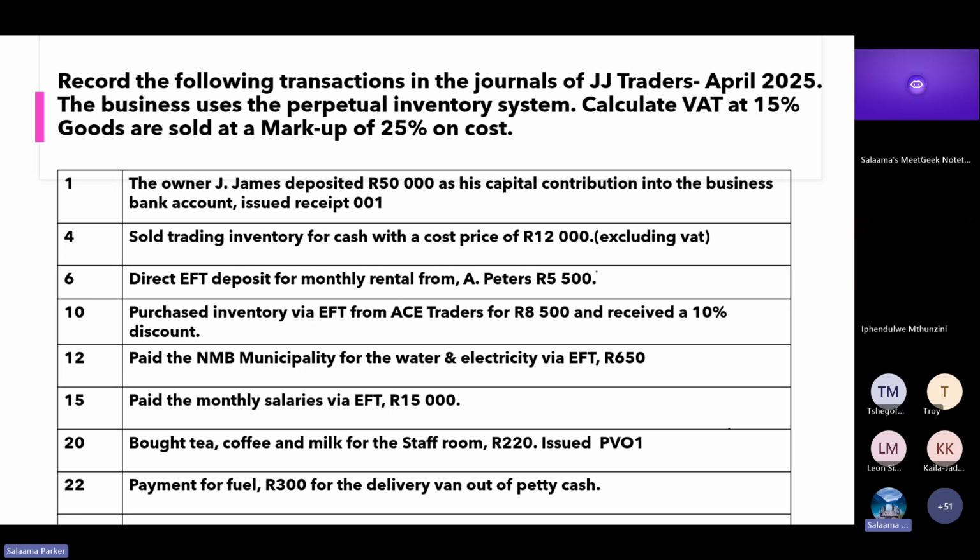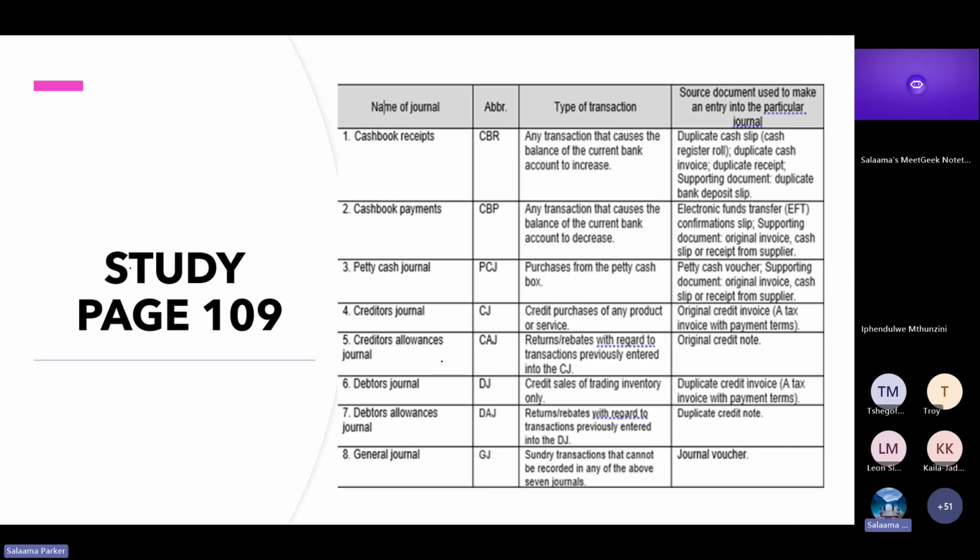Do you need extra time? Okay, always remember also on the table that I shared earlier with you, the source documents are very important. They can also guide you to know in which subsidiary journal you have to record the transactions.